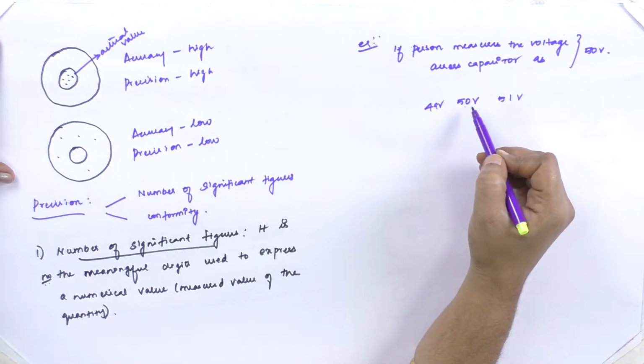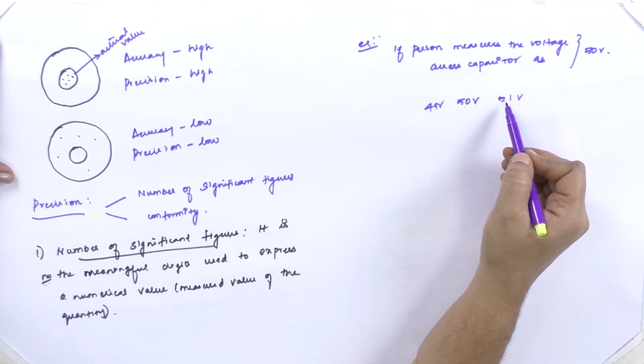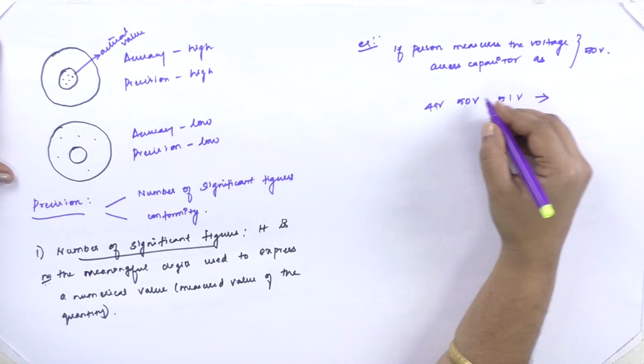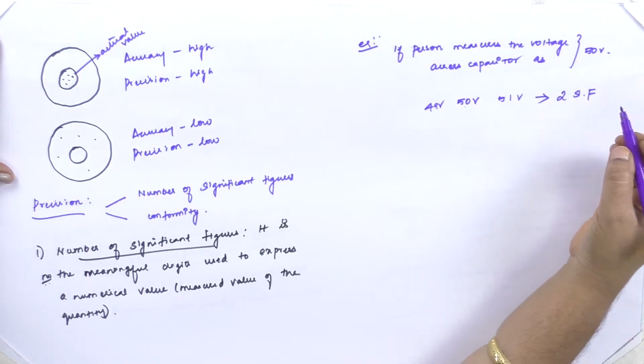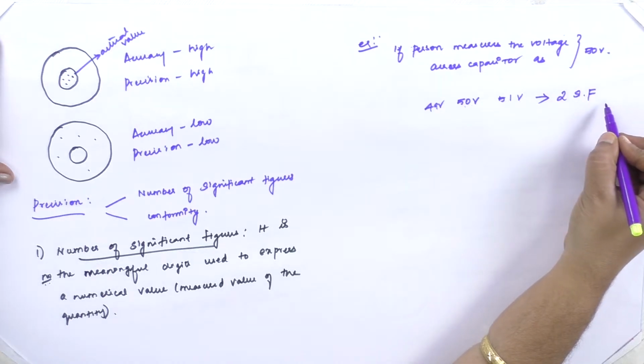Indicates the measured value may be between 49 to 51 volt. So in this case we can say that the measured value 50 volt has 2 significant figures. I am representing significant figure as SF.